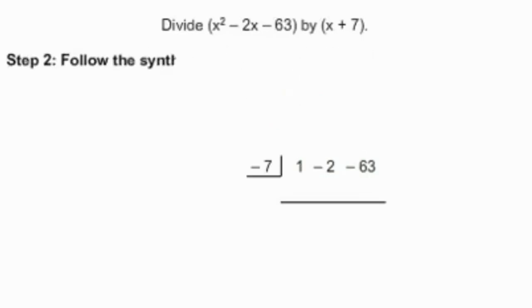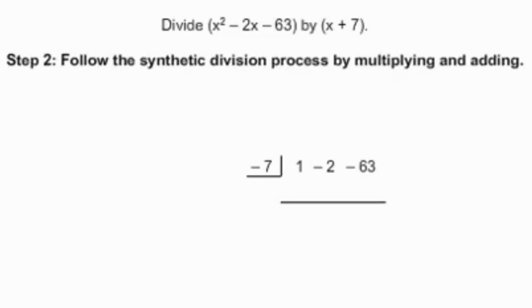Begin the synthetic division process. Start by bringing the leading coefficient under the line. Multiply the divisor by the number beneath the line. Place the product underneath the next coefficient. The vertically aligned numbers are added and the sum placed below the line.